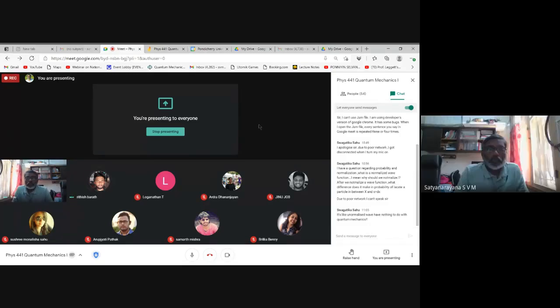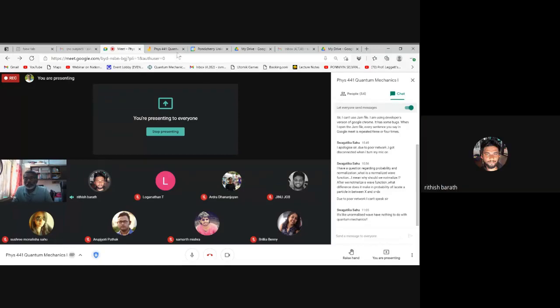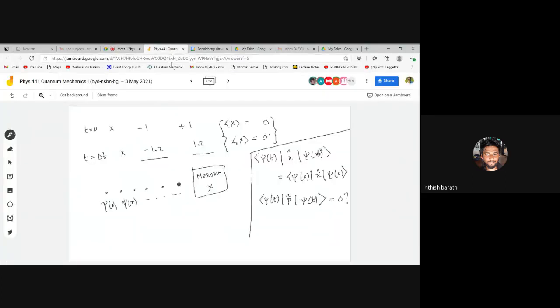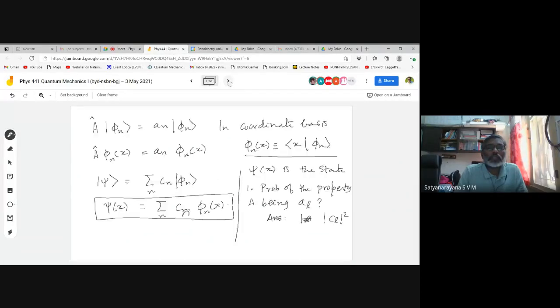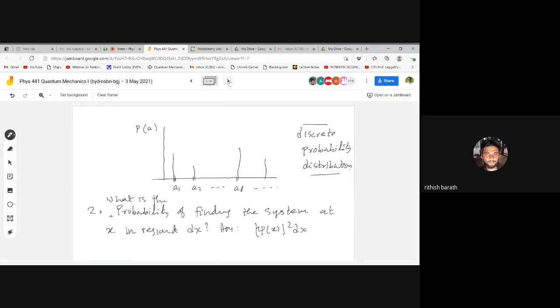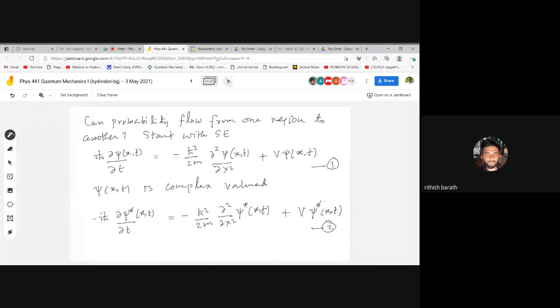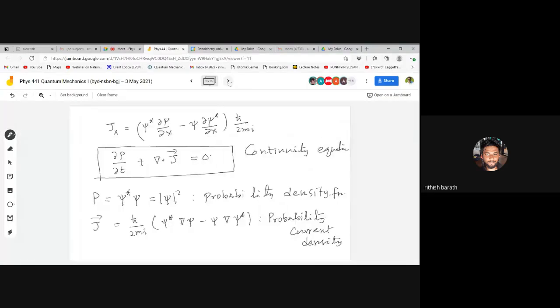Sir, in your H Poisson bracket, that one, I don't think I have erased all that I have written. Go to the last page, sir. You have written the Jacobi identity. I mean, the first page.